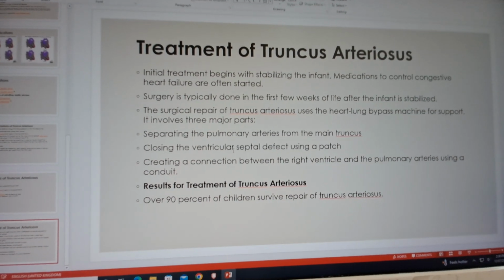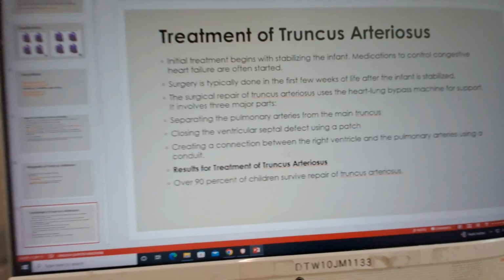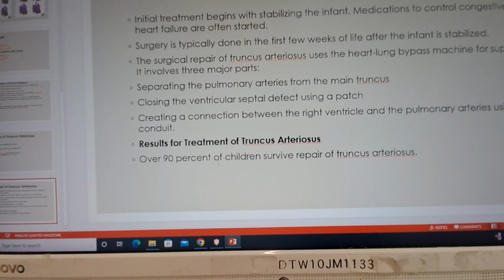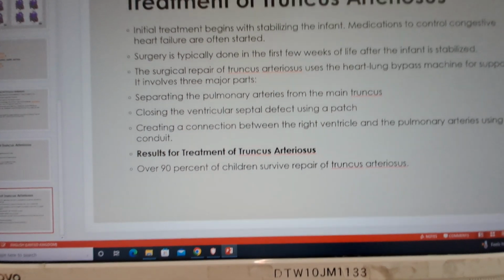Then the shunt and the ventricular septal defect are closed, and after the repair about 90% of babies survive, so this has a good prognosis.